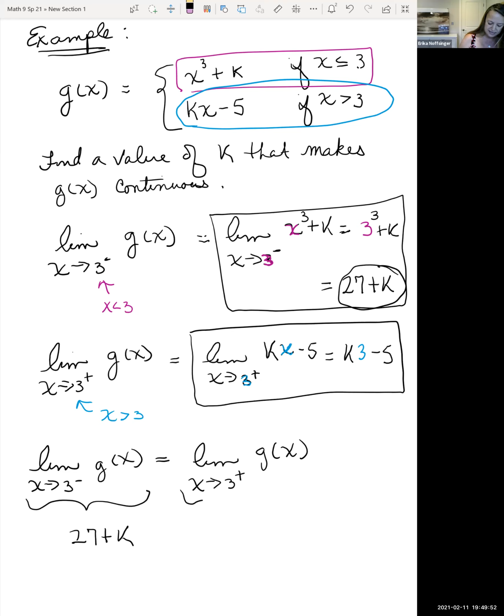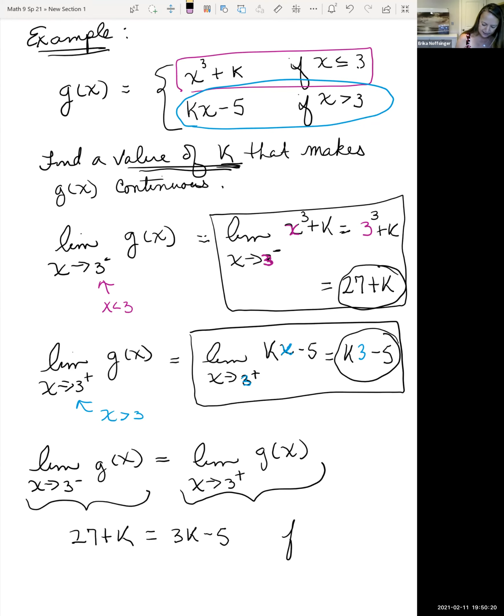This has to be the same thing as coming in on the right, which we found to be k times 3 minus 5. If it's okay, I'm going to rewrite that as 3k minus 5. It doesn't matter the order of multiplication. So the goal is to figure out what k has to be in order for these two sides to be the same, and that's what we're trying to figure out for this problem.